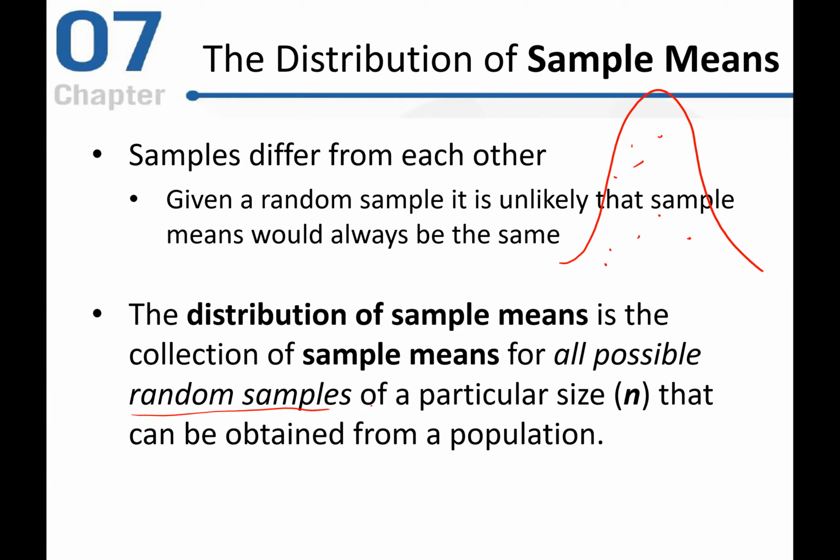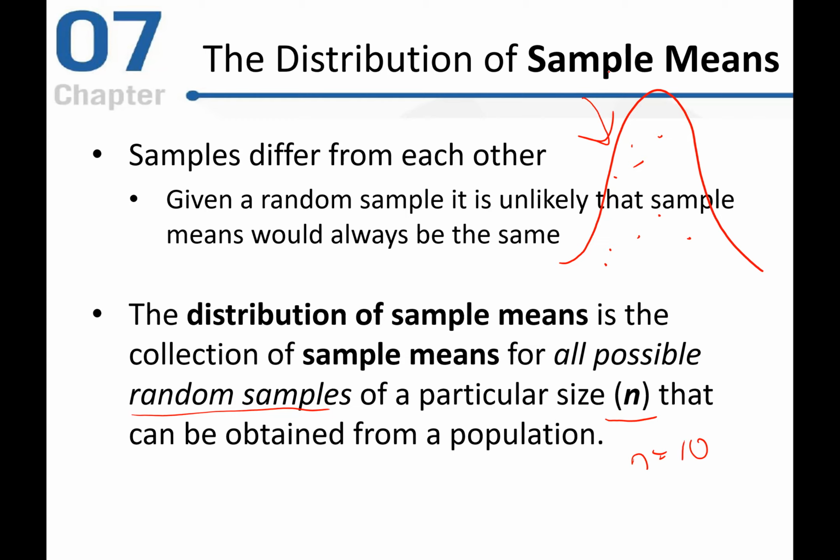So we're doing independent random sampling of a particular size, the sample size that can be obtained from a population. If I have a population and a sample size of 10, then all of the samples of size 10 that I can take from this population make up the distribution of sample means.